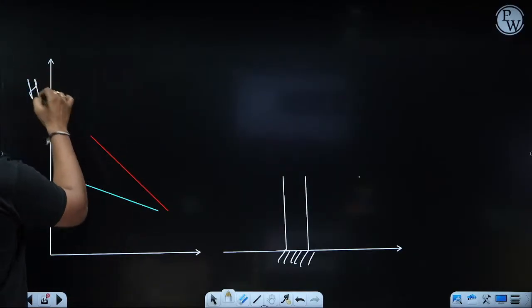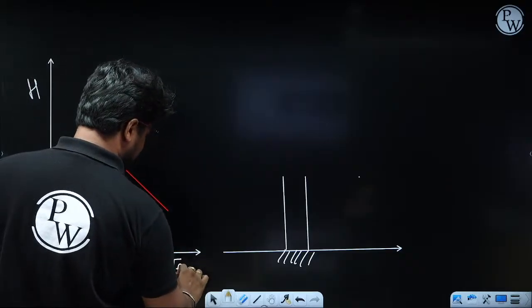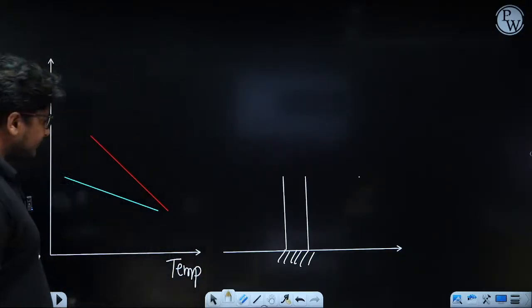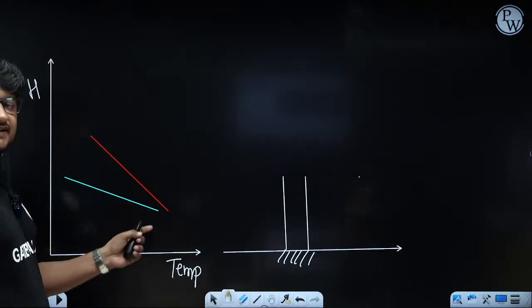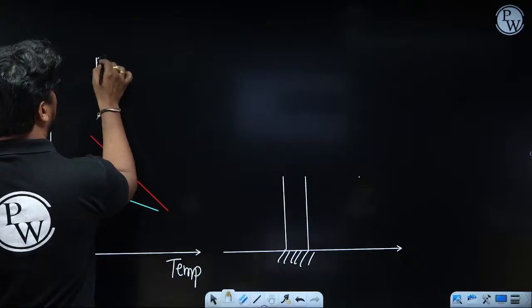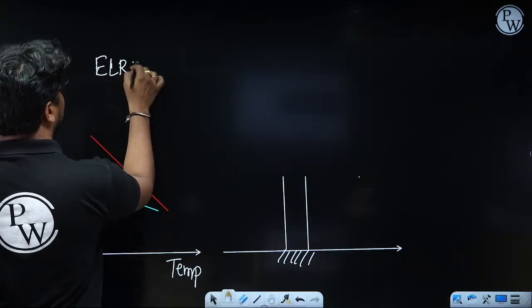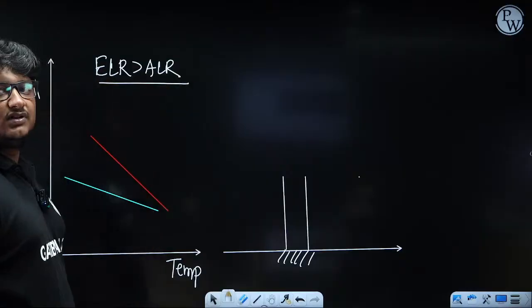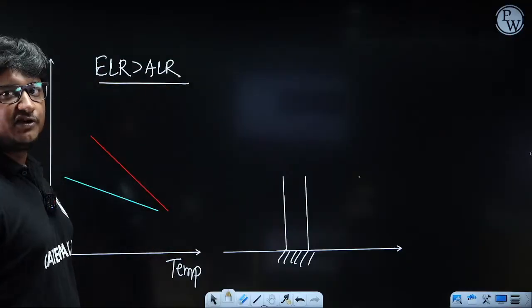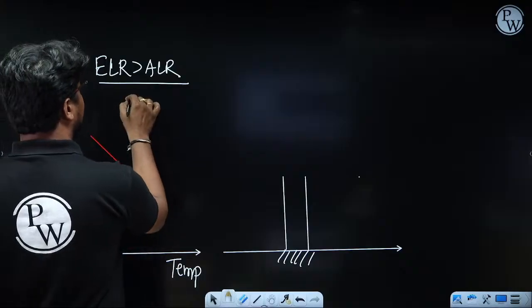This side it will be H, this side it will be temperature. Same diagram I'm showing it to you. This is the ALR, this is the ELR. So slope of ELR is lesser. That means the value of ELR is more than ALR. Is this case stable or unstable? It is good for pollutant dispersion and dilution. So this case is an unstable case for you.